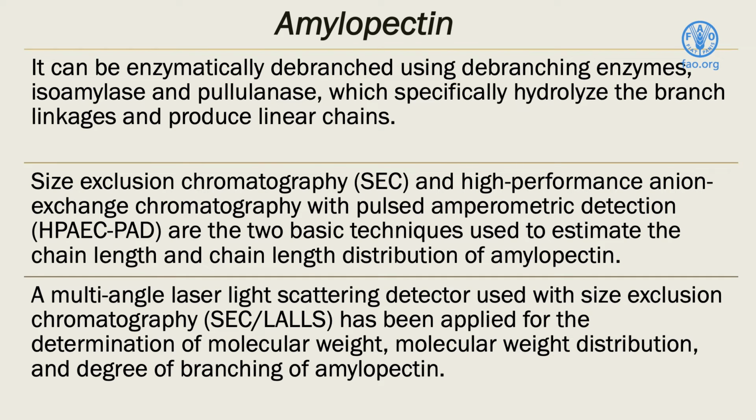Next one is amylopectin. It can be enzymatically debranched using a debranching enzyme like isoamylase and pullulanase, and then subjected to size exclusion chromatography. Size exclusion chromatography and high-performance anion exchange chromatography with pulsed amperometric detection are the two basic techniques used to estimate chain length and chain length distribution of amylopectin.